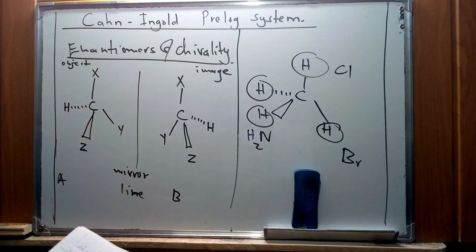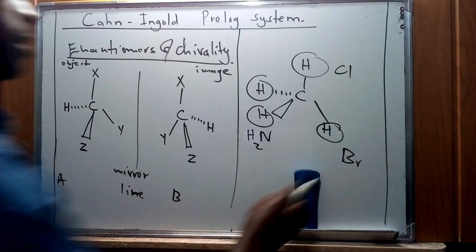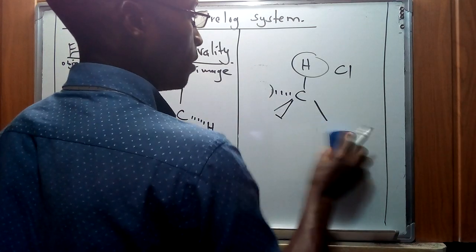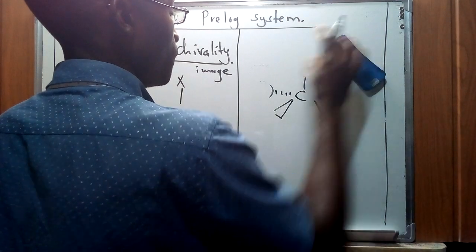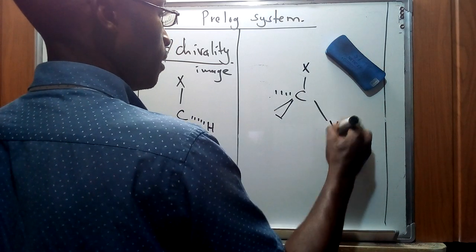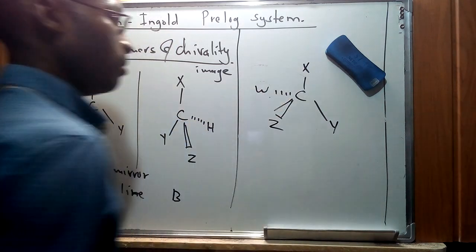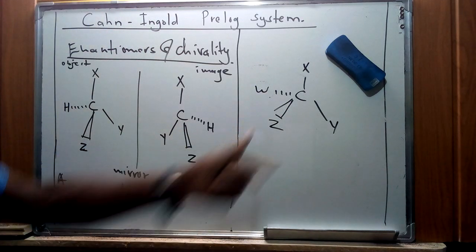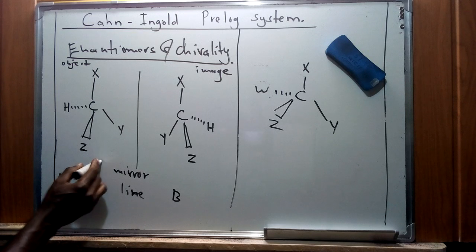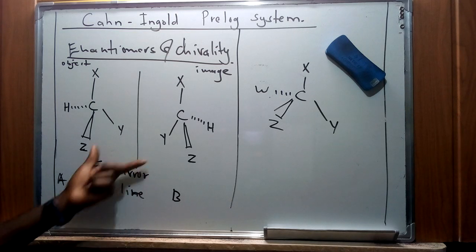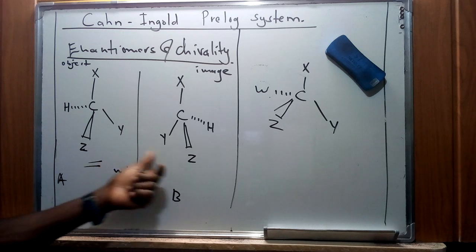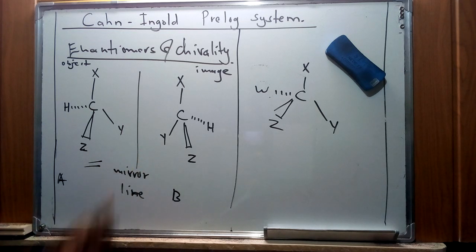Whenever a molecule has got different substituents, we can have a general representation for these specific groups as X, Y, Z, and W. So whenever a molecule has got 4 different substituents that are indicated on the board, like this one, this molecule is not going to be superimposable on its mirror image, which basically means that these are going to form 2 different compounds.